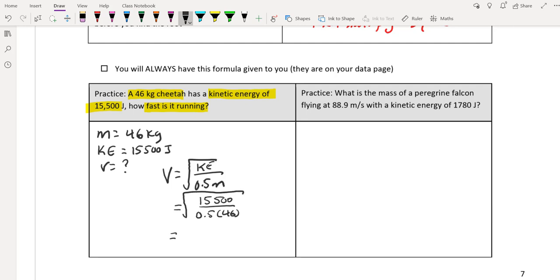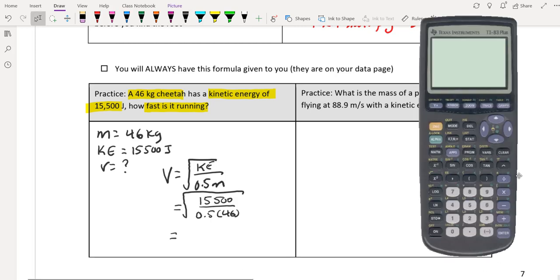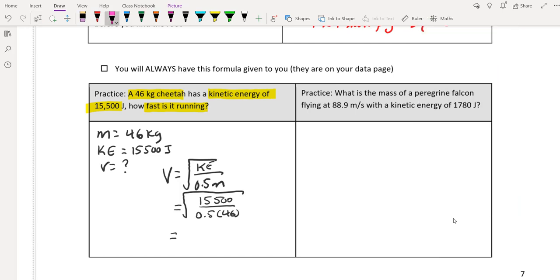So the next step just becomes calculator work. You need to be careful with how you use your calculator. We're going to do everything inside of the square root first, so we do all of this before we take the square root.